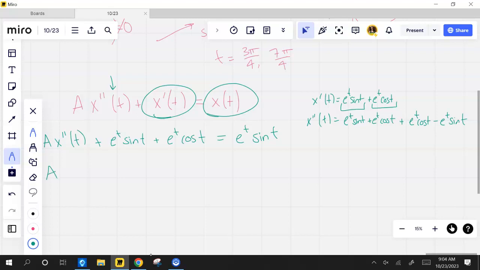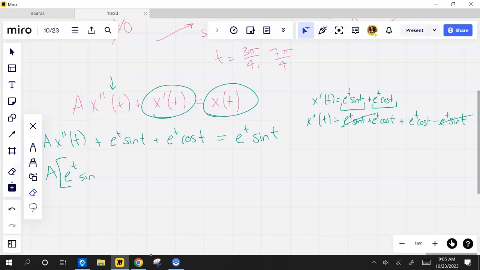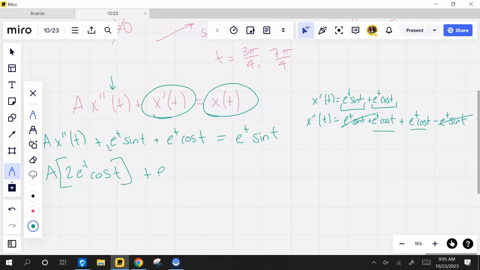All right, so here I've got a times all of this. E to the t sine, actually, yes, let me cancel that before I do this. Clean it up just a bit. And there's two of these, do you agree? All right, so I've got 2 e to the t cosine t plus e to the t sine t plus e to the t cosine t equals e to the t sine t.